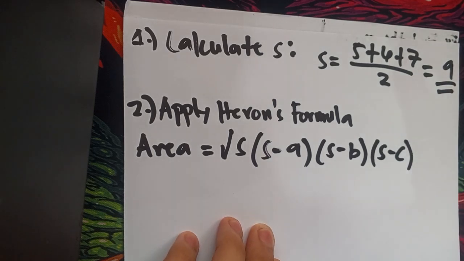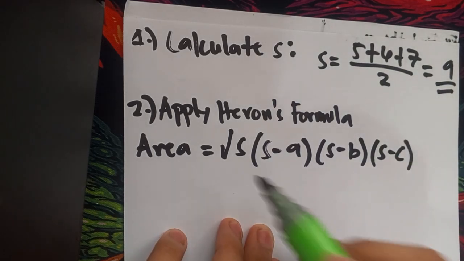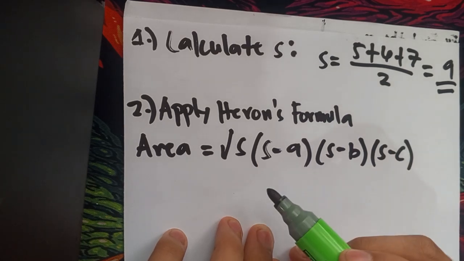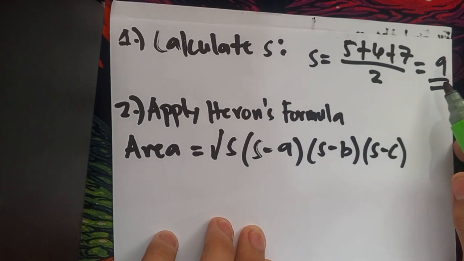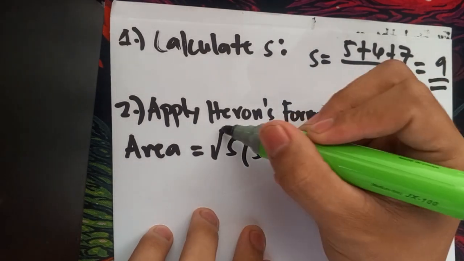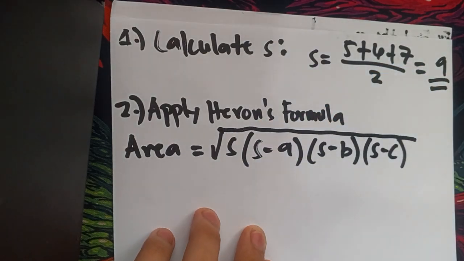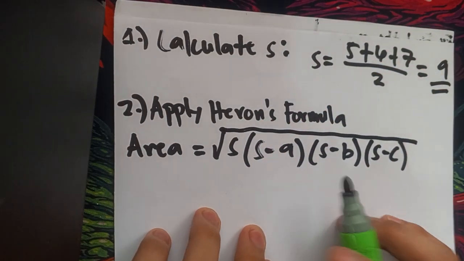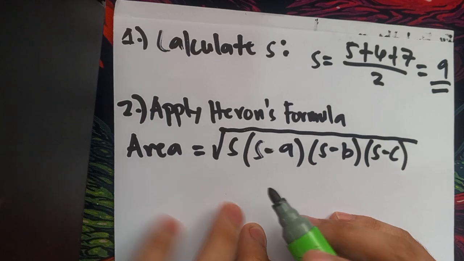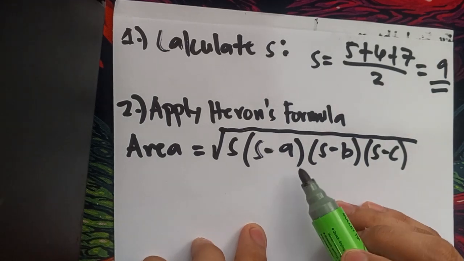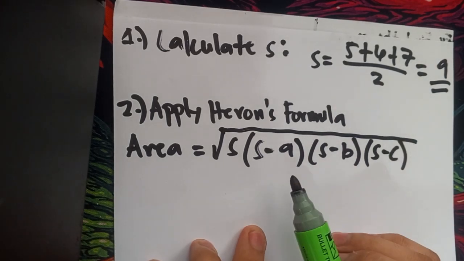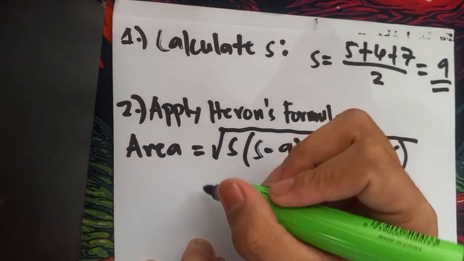Keep in mind that s is the semi-perimeter, which is 9. Now we substitute the value of each side.